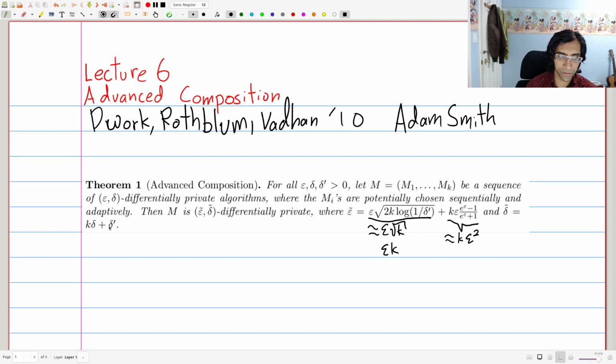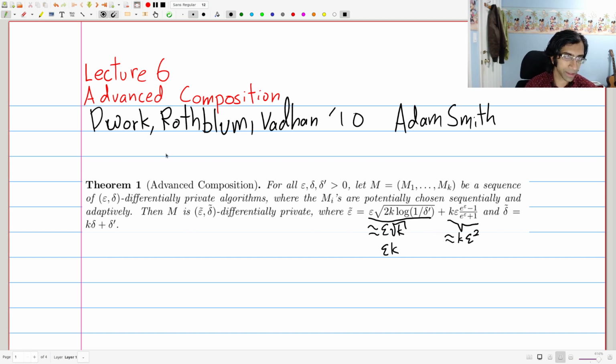But on the other hand, if we choose delta prime to be small, say close to 0, then the epsilon tilde will increase. So it's a balance between the two terms. But generally, the important thing here is this epsilon times square root k. That's the key term here.